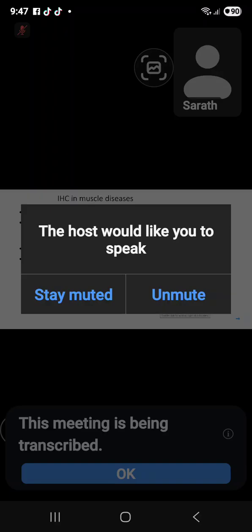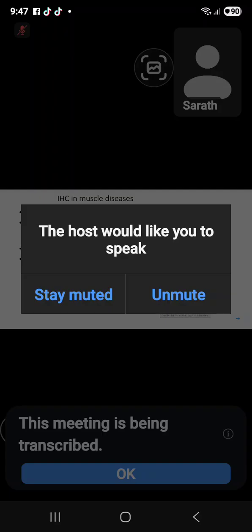Then muscular dystrophies, with progressive loss of skeletal muscle function. Examples: dystrophinopathies, sarcoglycanopathies, and merosin deficiency. In dystrophinopathy, we have Duchenne muscular dystrophy and Becker muscular dystrophy.